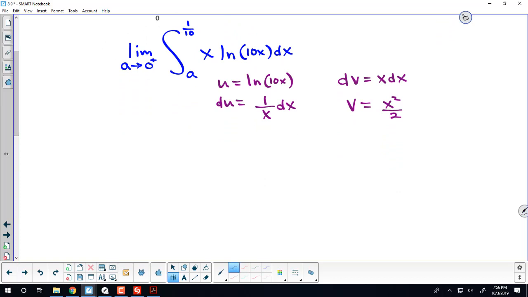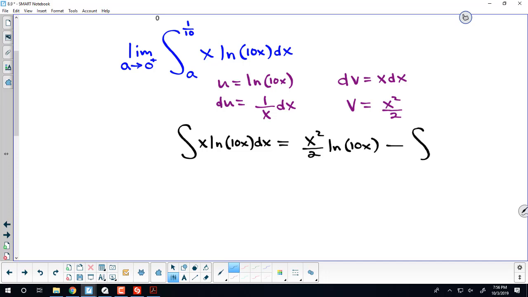So we'll just do this for the side work here. Then the antiderivative of x ln 10x is equal to u times v, minus the integral of v du. So we have minus the integral of x over 2.